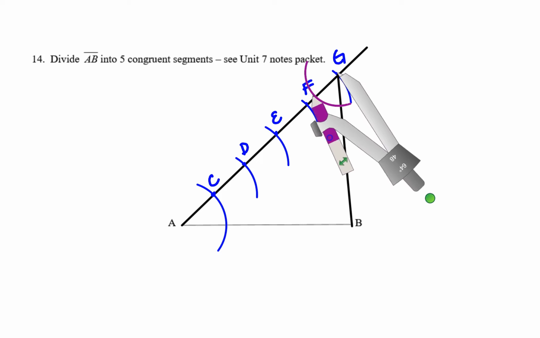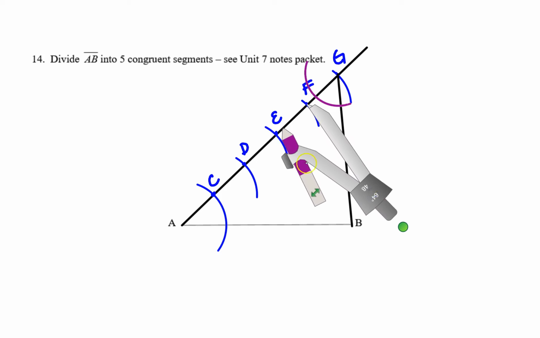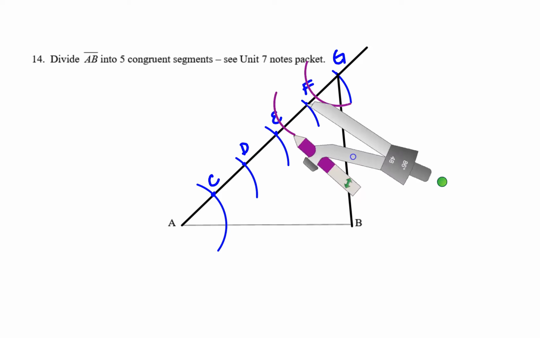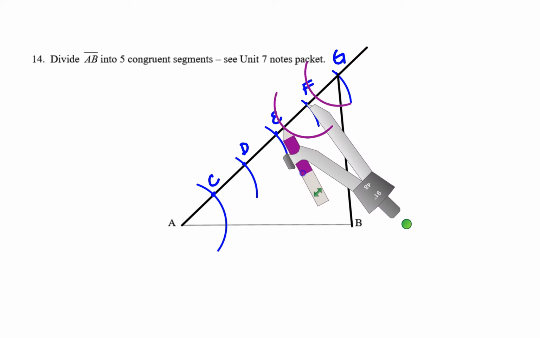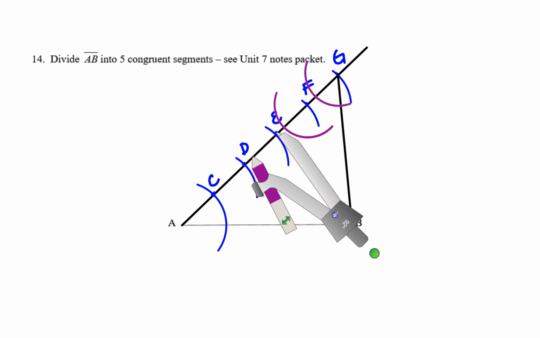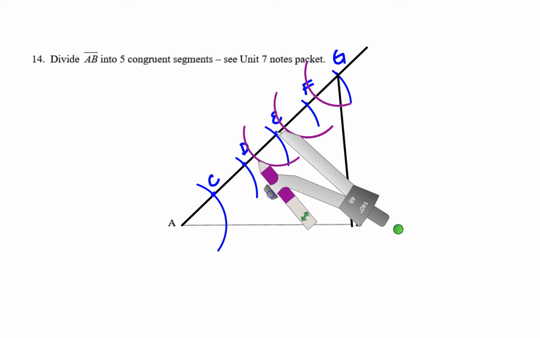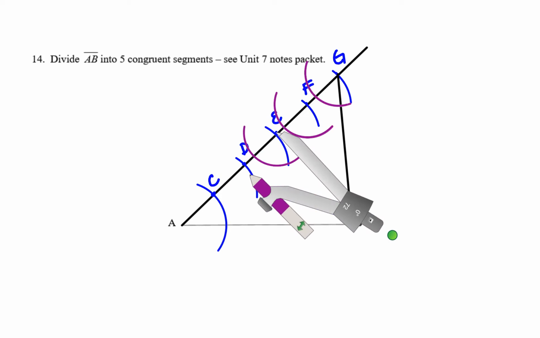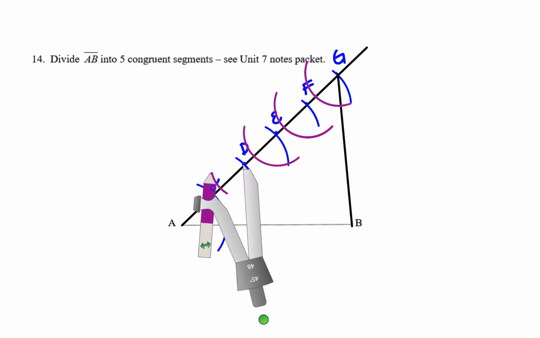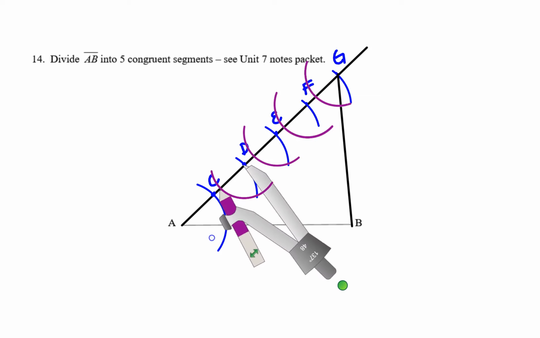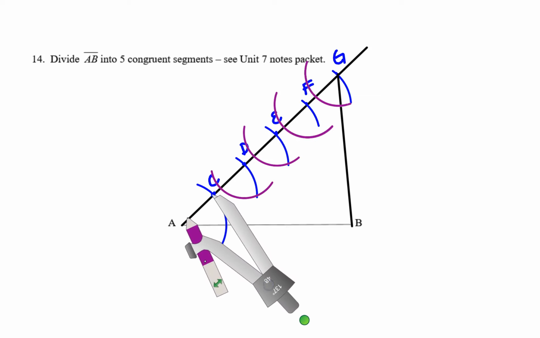And I'm going to pick up my compass and do the same thing at F, constructing an arc about the same size. So at F, at E, D, and lastly at C.